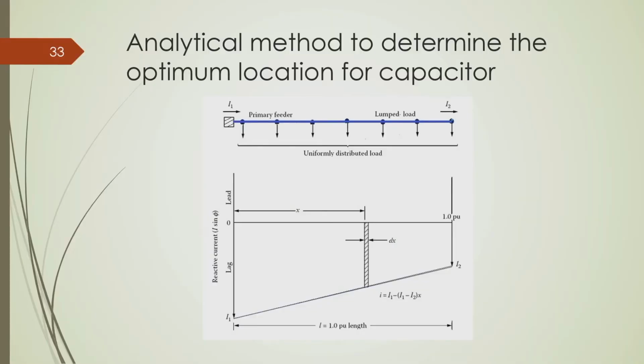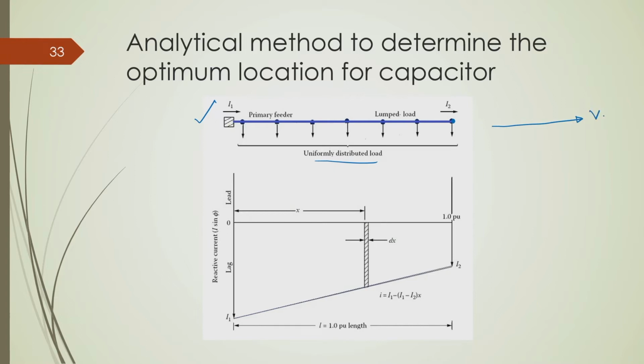For example, suppose this is the receiving end and it is a lumped load. Although this feeder is not completely a lumped load, we have some lumped load and some uniformly distributed load. For a lumped load case, how can we represent the voltage across this load and the current drawn by this load?